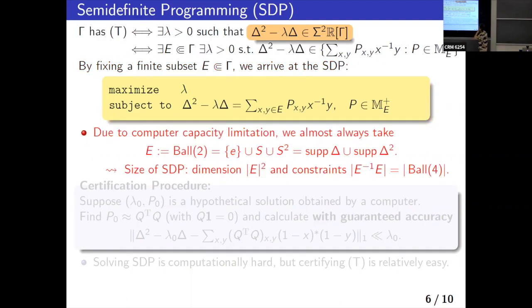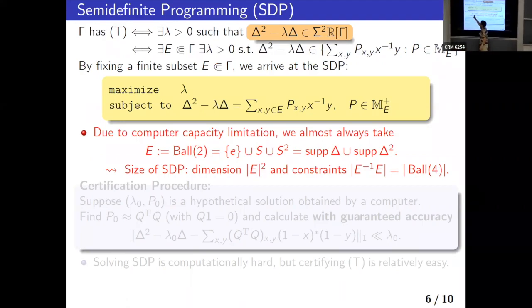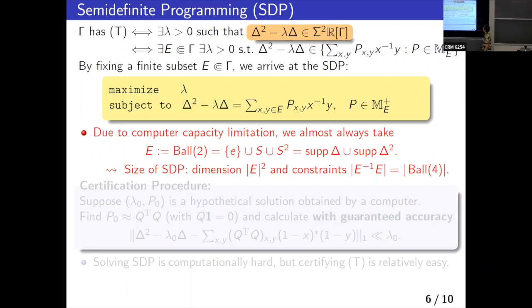So due to computer capacity limitation, we are almost always forced to take this E to be the ball of radius 2, which is somehow the minimum possible. That's the support of delta. Actually, even the ball of radius 1 makes sense, and it reduces to the Zuk criterion for property T. The ball of radius 2 is better.